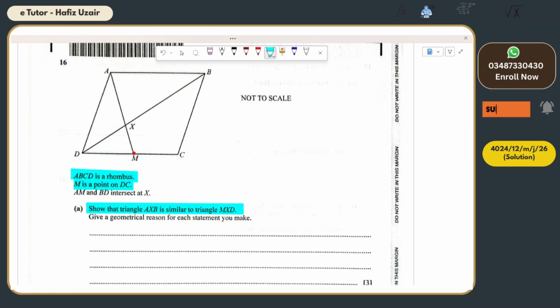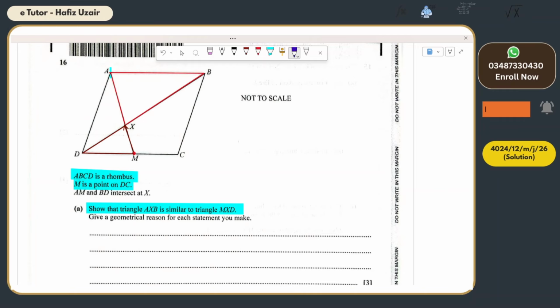So basically what you are supposed to show over here is that these two triangles, AXB and DXM, are actually similar.